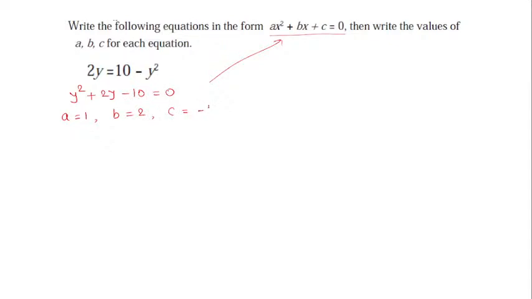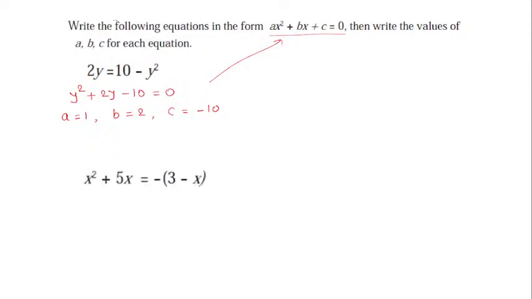So value of c should be taken as minus 10. So this is how we can find the values of a, b and c. Again we should take care that whenever we have to find the values of a, b and c, first of all we should write the given equation in the standard form, and then only we can compare it with the standard form to have the values of a, b and c.